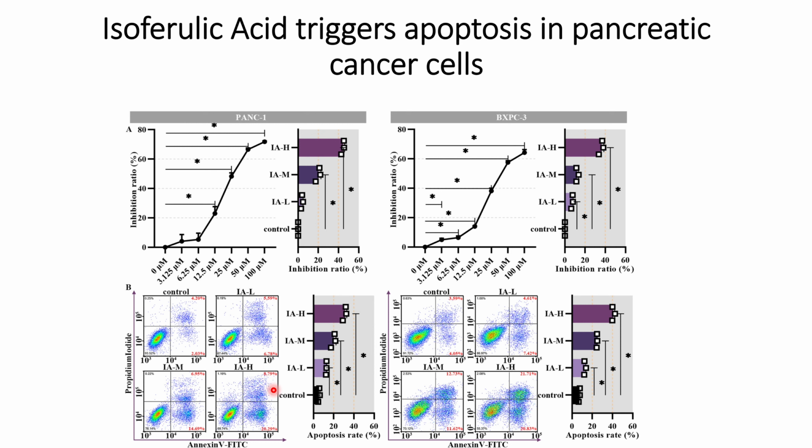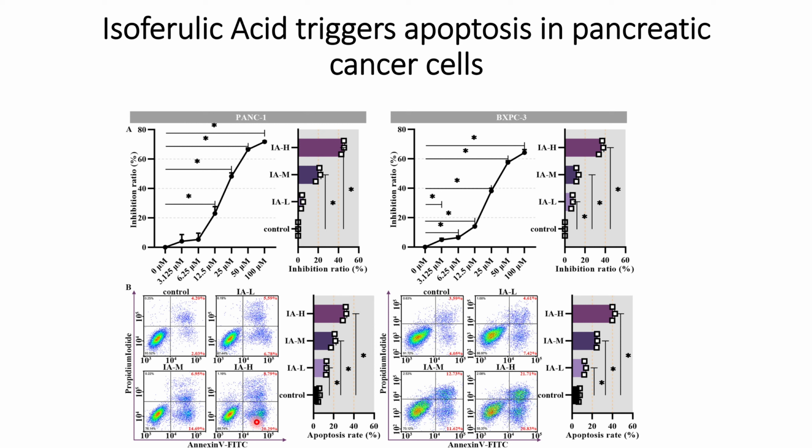isoferulic acid. That is, in the case of high isoferulic acid in PANC1 cells, they were able to see that the propidium iodide positive and annexin V positive cells increased from 5.59 to 8.79, but the increase in the annexin V positive and propidium iodide negative cells is from 6.78 to 20.